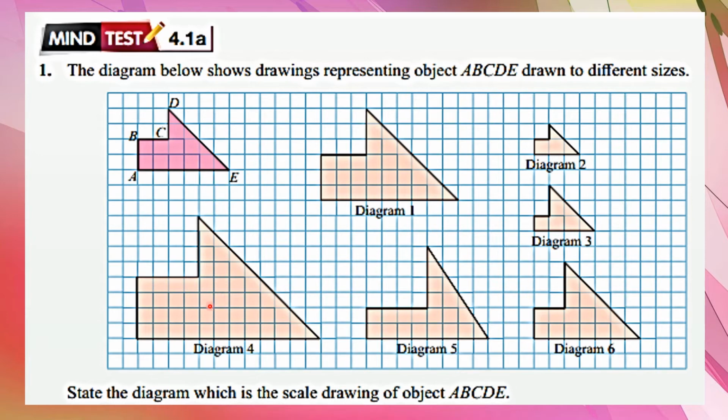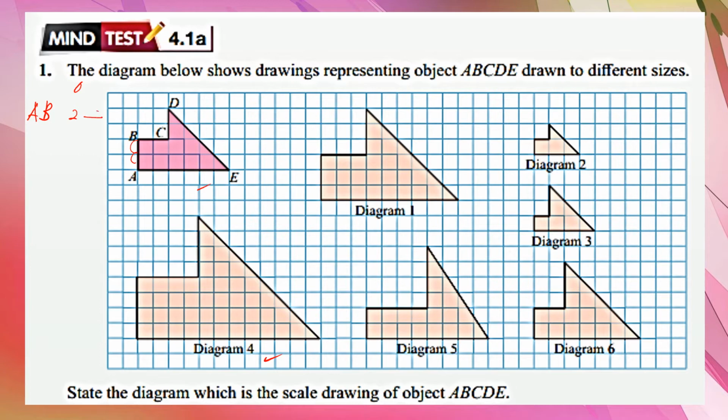Okay, let me do one example for you. Let's say we choose diagram 4. Now we compare diagram 4 with the object. Let's choose one side, say AB. You count the boxes in the object first. In the object, AB is 2 boxes.